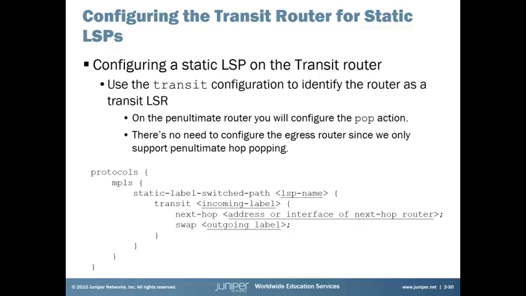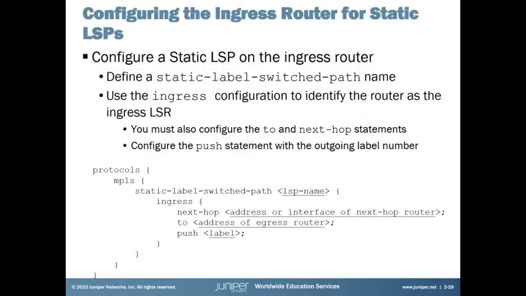On a transit router, for our label switch path, under Edit Protocols MPLS, we're still going to use the static label switch path command, and of course the name that we put here will be the same name that we put onto the ingress router. So we're referencing the same label switch path. Transit incoming label value, what do you think that's going to be? It will be exactly the same value that we put on the push of our ingress.